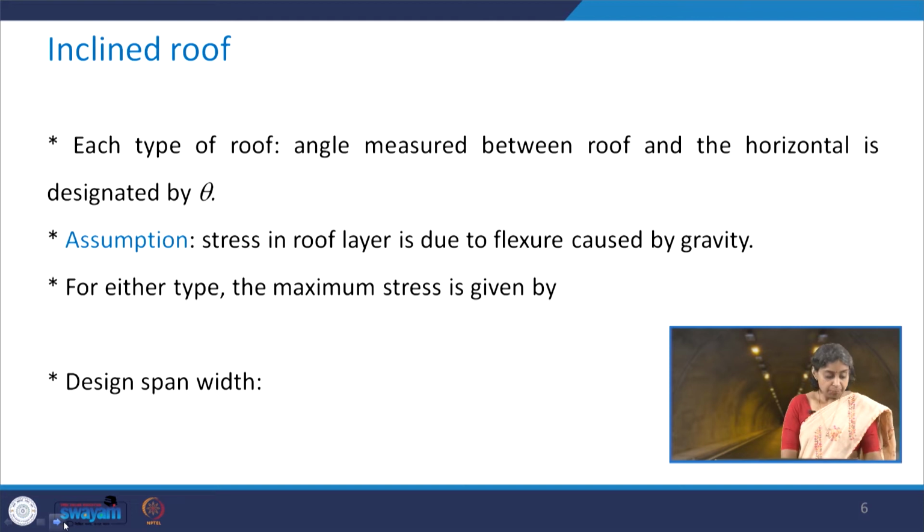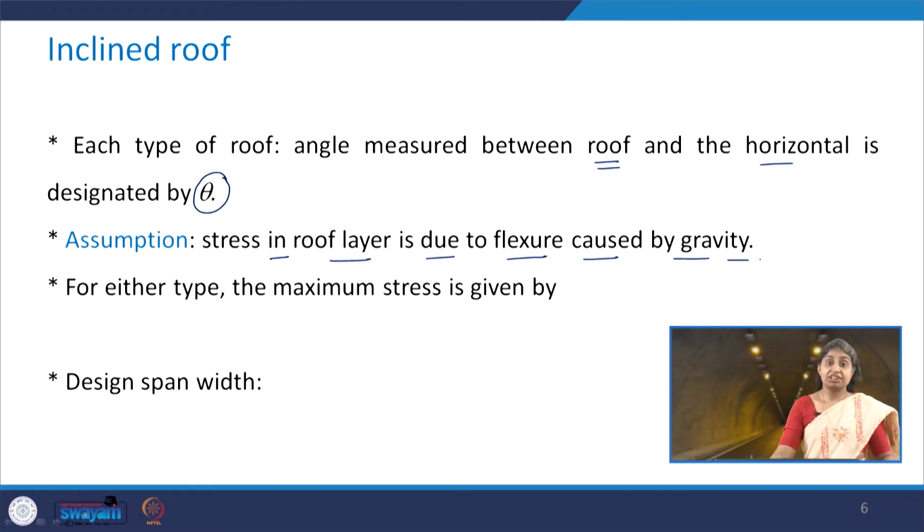For each type of roof, whether type 1 or type 2, the angle measured between the roof and the horizontal is designated by theta, and the assumption involved here is that the stress in the roof layer is due to flexure caused by gravity. There are no external forces except the force of gravity.